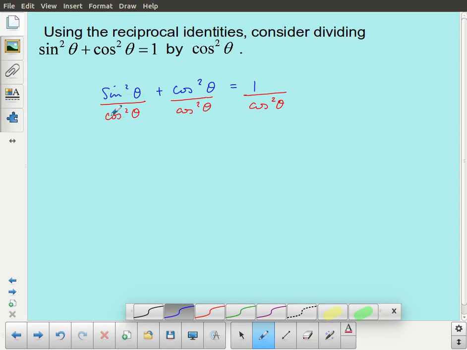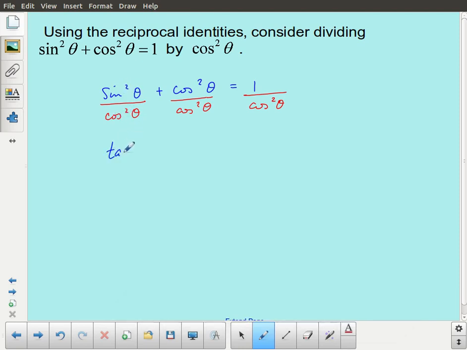Sine squared divided by cos squared, well, sine over cos is tan, so sine squared over cos squared is actually tan squared theta. Plus cos squared divided by cos squared, well, that's a thing divided by the same thing. That's just equal to 1.